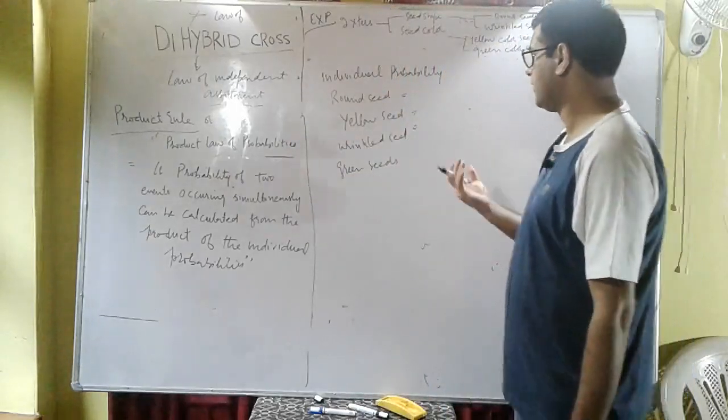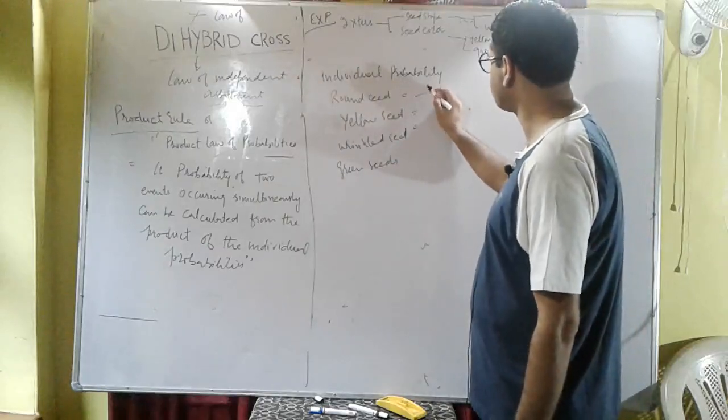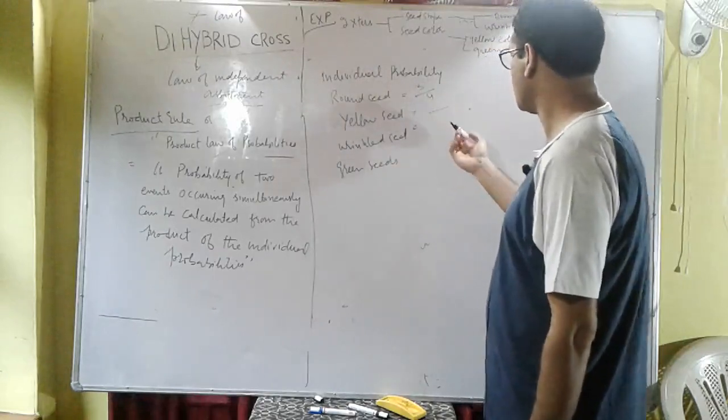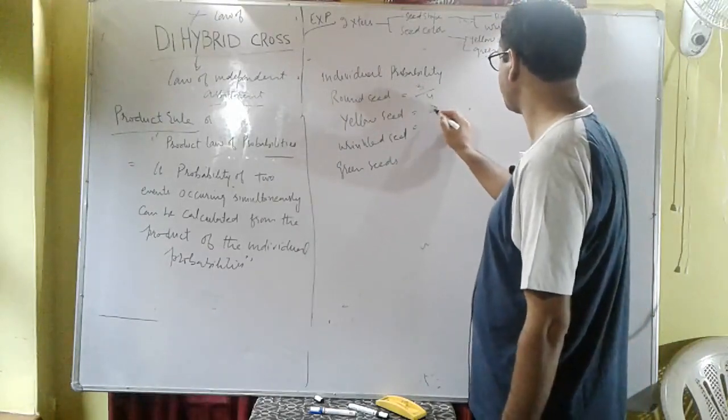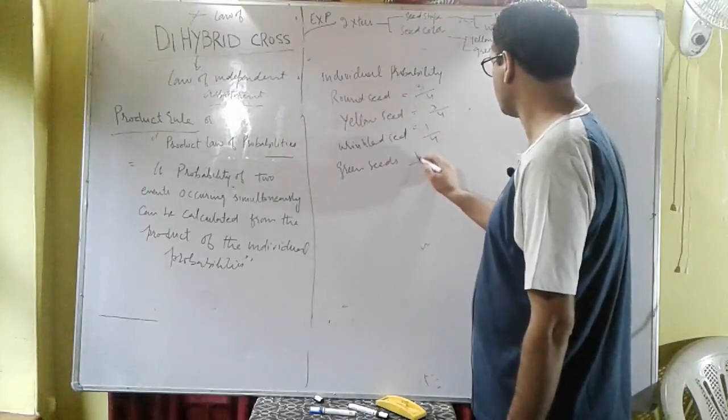What are their individual probabilities? Round is 3 by 4, yellow is also 3 by 4, wrinkled is 1 by 4, and green is 1 by 4.